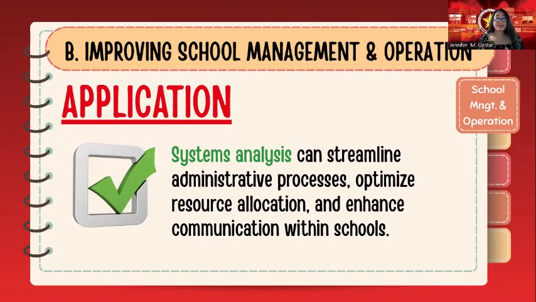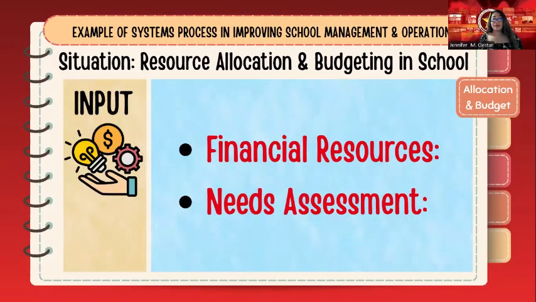One best example for this is the resource allocation and budgeting in school. Schools also follow a certain system on how this could happen. First, for our input, we might look into financial resources.